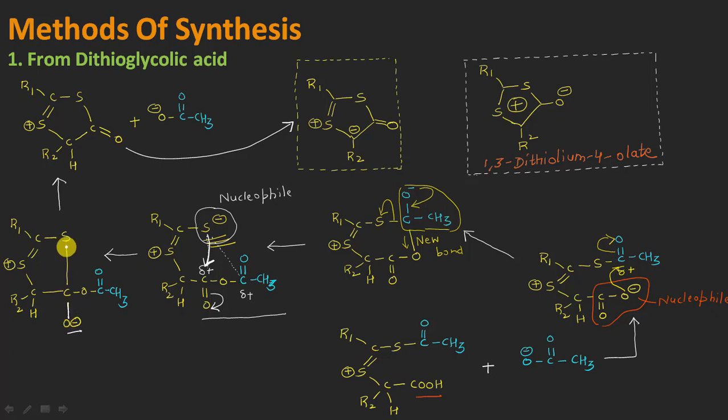Moreover, a new bond is formed here in between this sulfur and this carbon atom in this way, and after that once again the reshifting of the electrons will take place, such that these electrons will now move here and cleaving this carbon and oxygen bond in this way, resulting in the formation of this type of acetate ion, which you can see as the byproduct in this reaction.